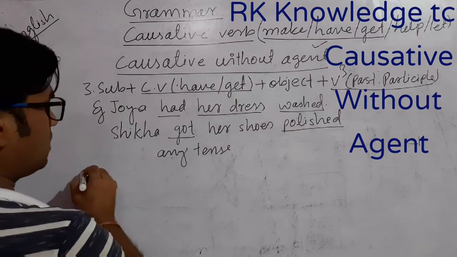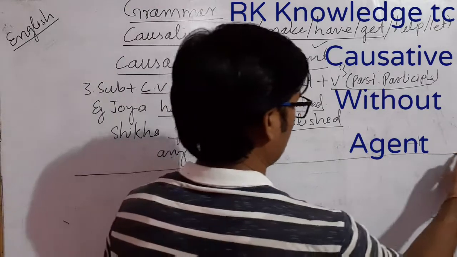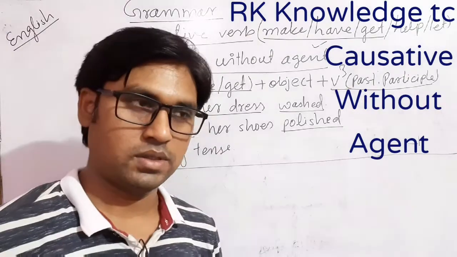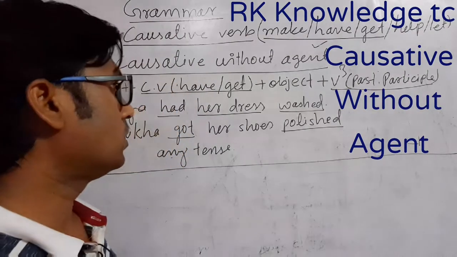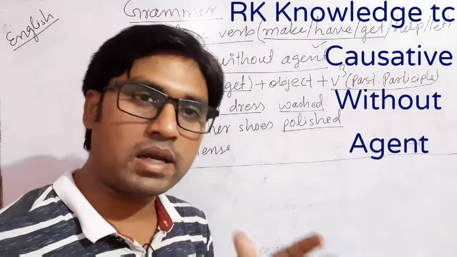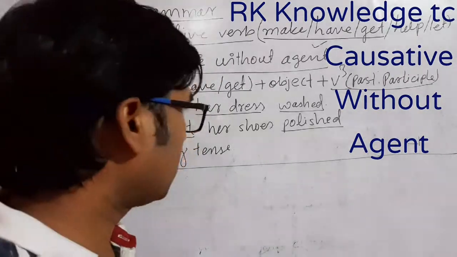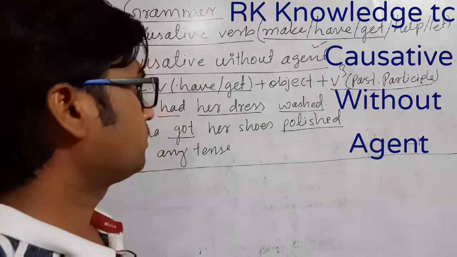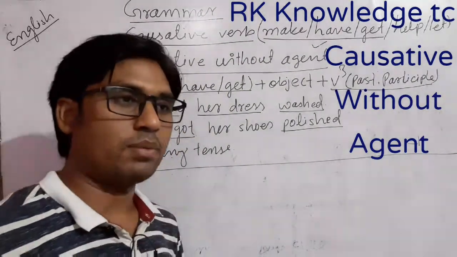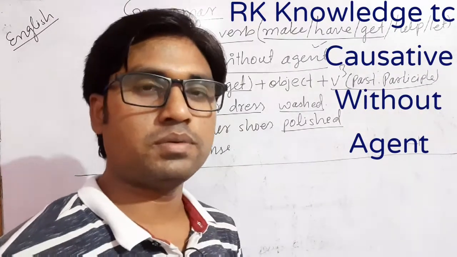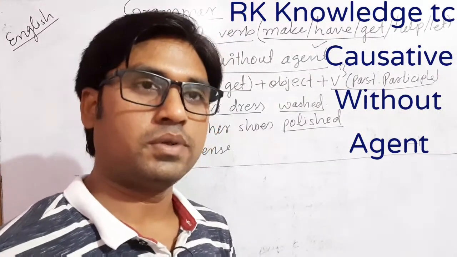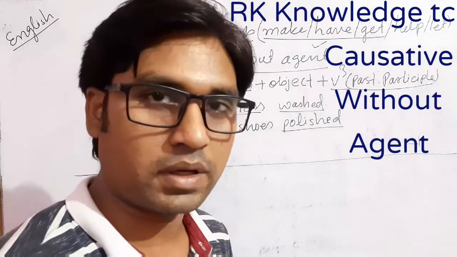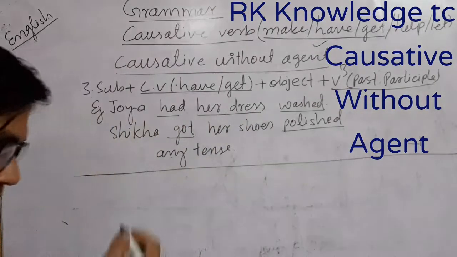Now let's talk about what things we should see at the beginning. We should talk about what is called agent and what is called object. If you have no idea about agent and object while solving causative verb questions, it may be difficult for you. So it is very necessary to know whether after the causative verb there is an agent or an object, and this will help you solve the problems. Let's see.